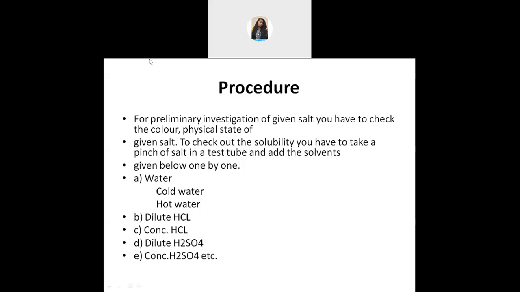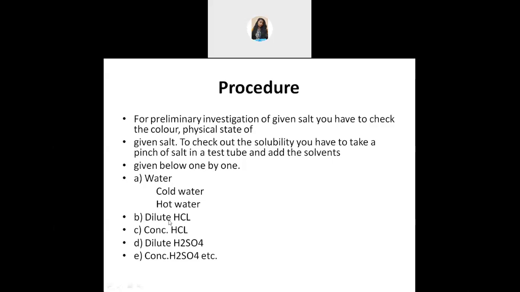Next we have to check the solubility. To check the solubility, you have to take a pinch of salt in a test tube and add the solvent.